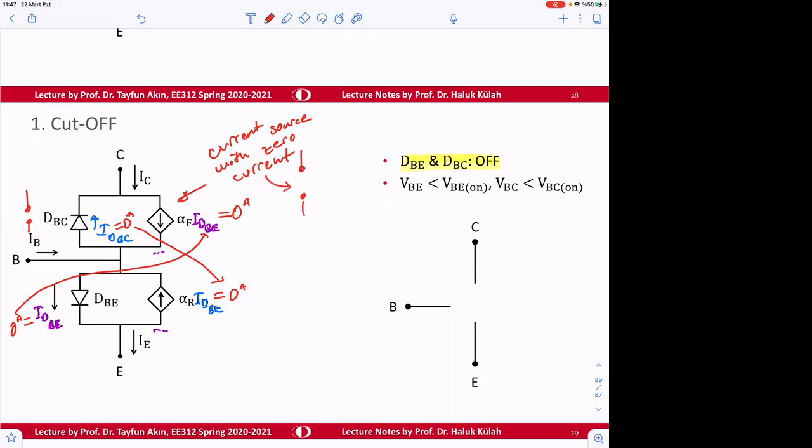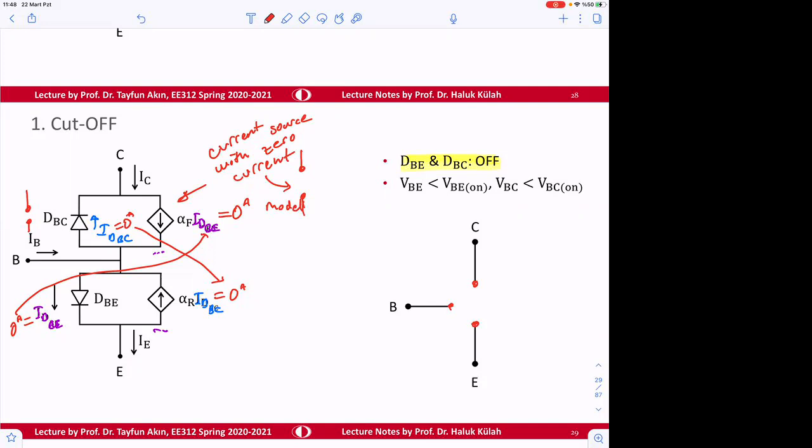So basically, when we look at this, the model of the device is like this. And we know that this is the model anyway.